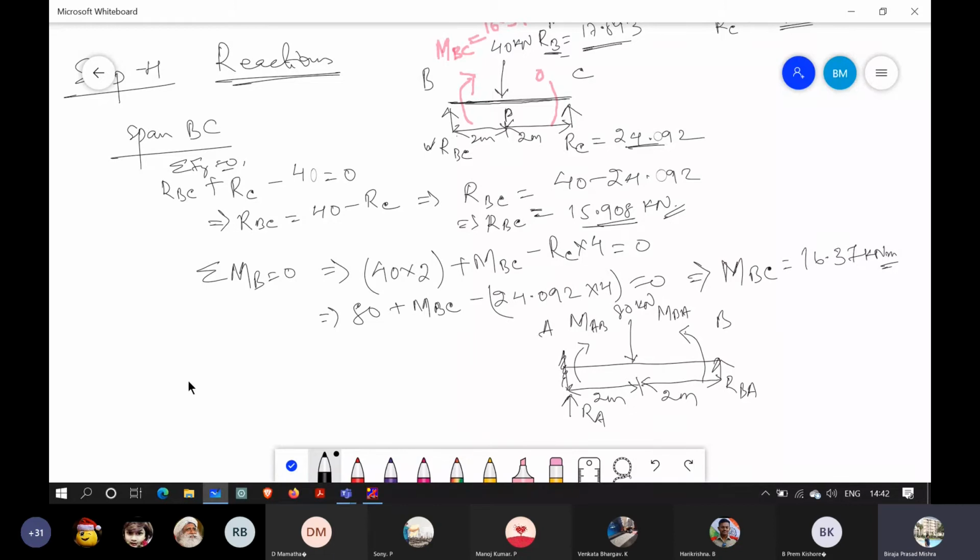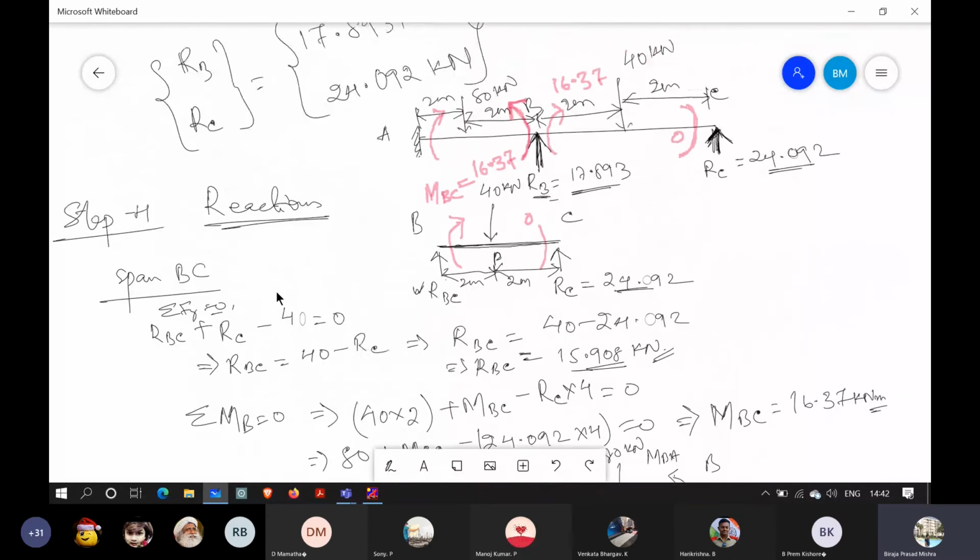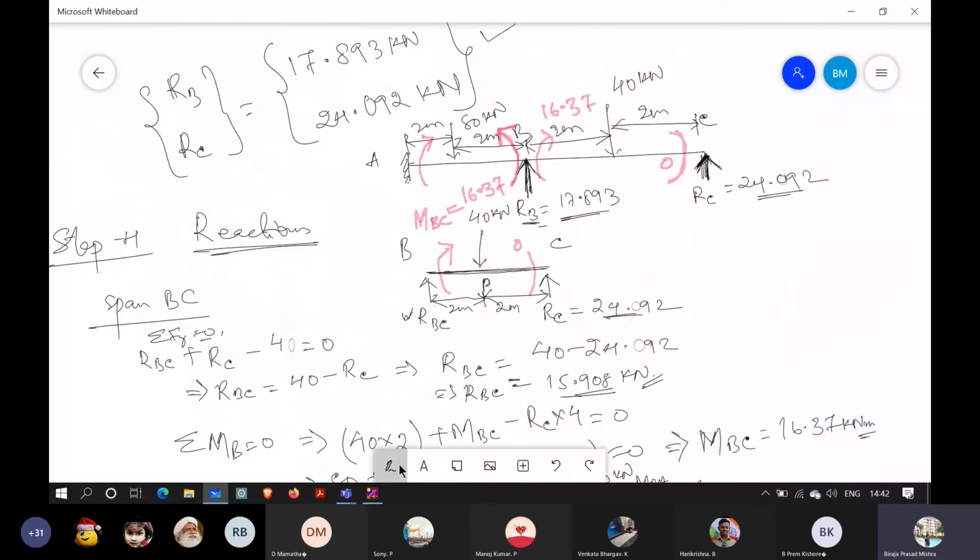So can I write RB equals RBA plus RBC? Because we already know this RB value.